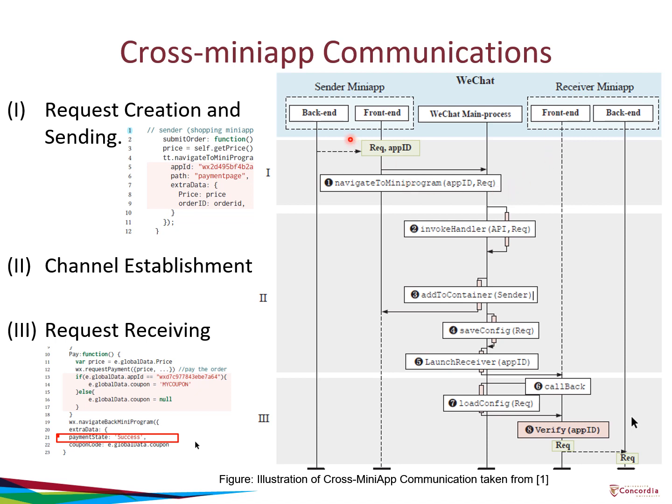Then, for the first stage, the shopping Miniapp gets the price and an order ID. Then it invokes the inter-Miniapp communication API, in this case navigate to mini program. To be more precise, this is step 1.